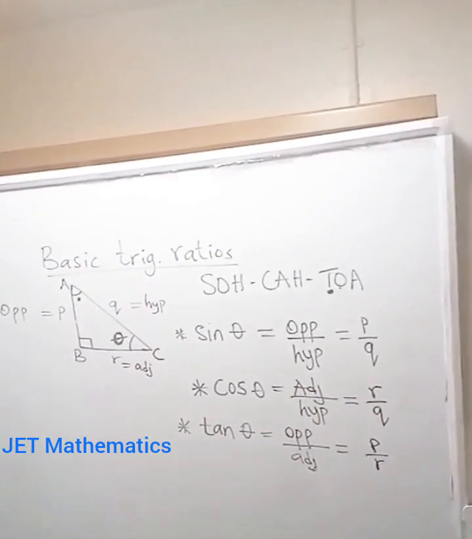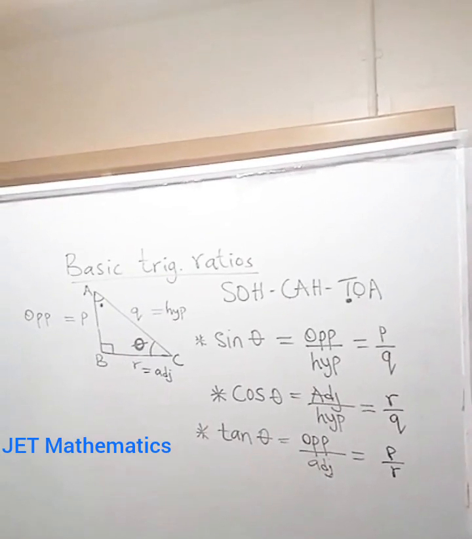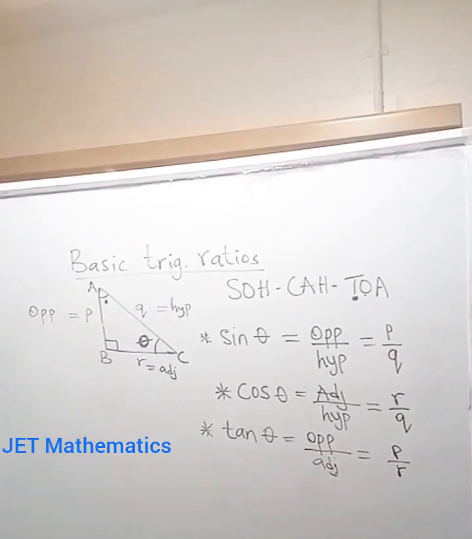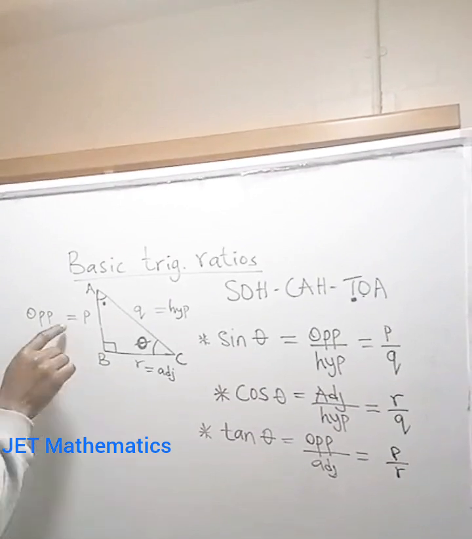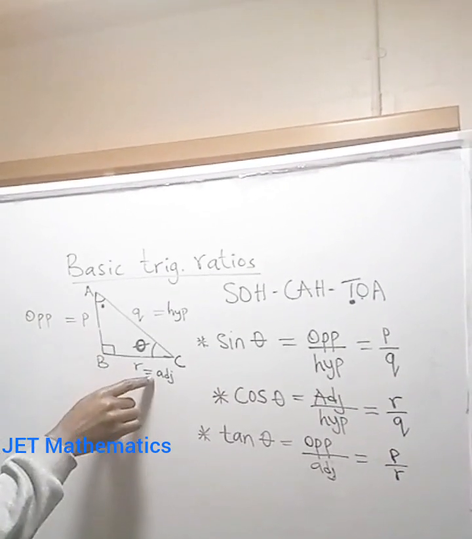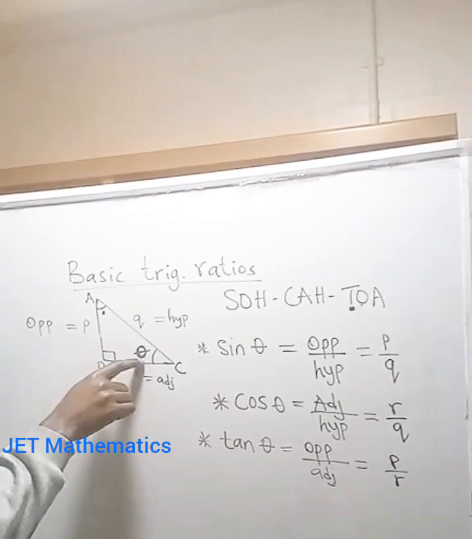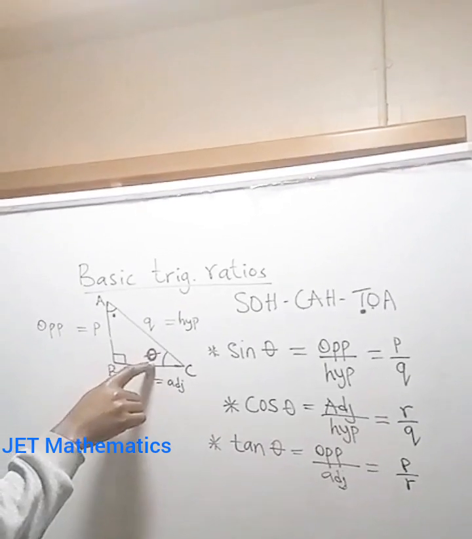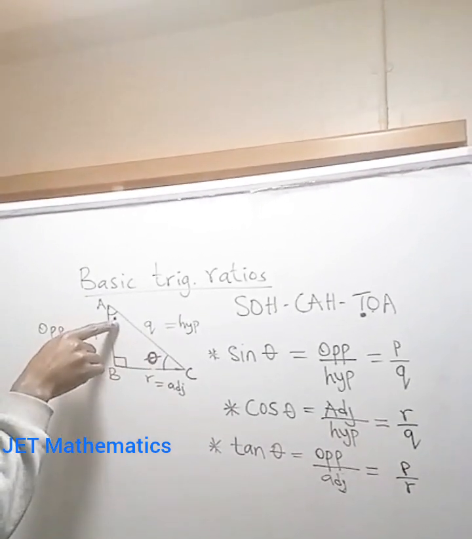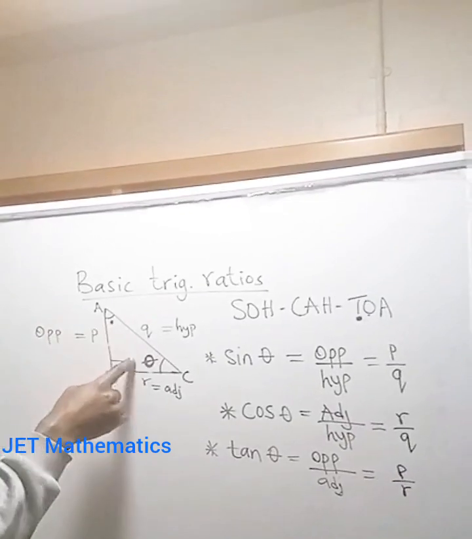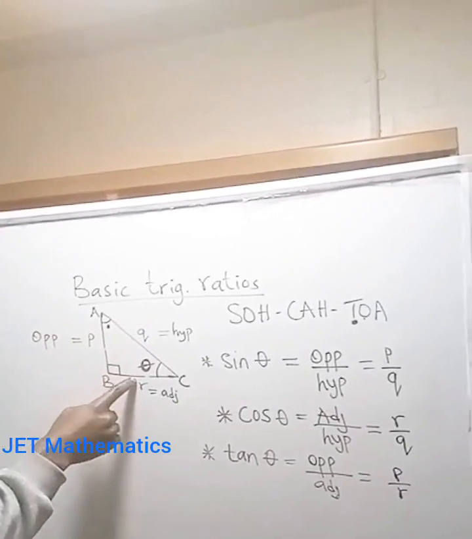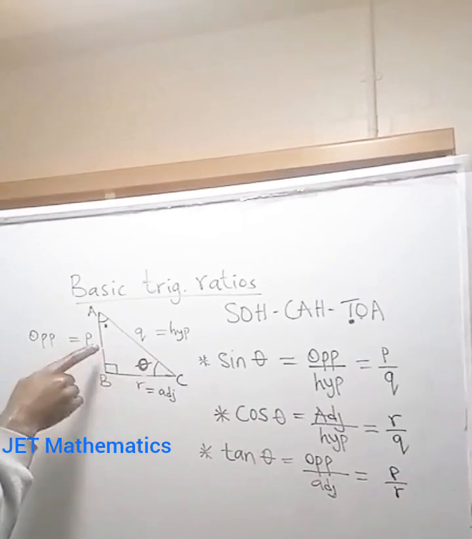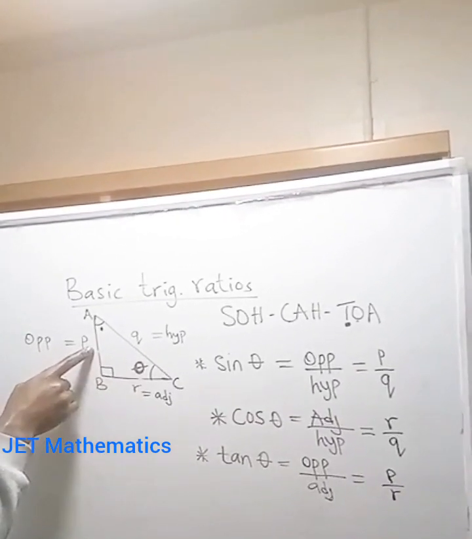But remember, I said before we go further that opposite and adjacent always depend on the angle you are looking at in the right angle triangle. Suppose we are looking at this angle, then the side opposite that angle, which is here, becomes opposite, while this side will become adjacent.